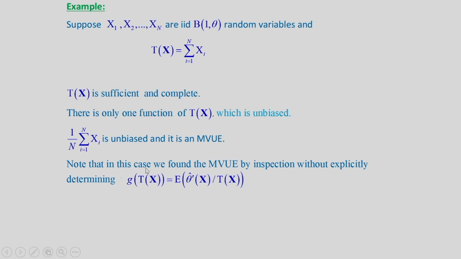Note that in this case we found the MVUE by inspection without explicitly determining g(T(x)). So, this is the formulation, but without this formulation we could find out this quantity. But in all situations it may not be possible to find a complete sufficient statistic which is unbiased by inspection.